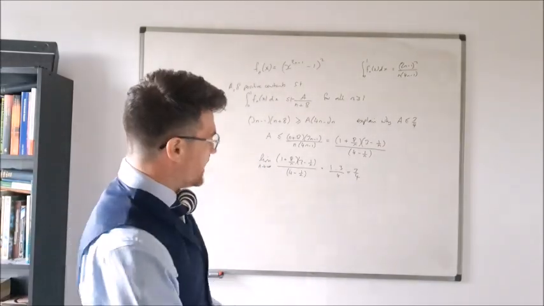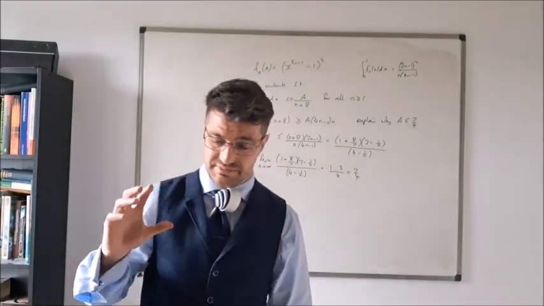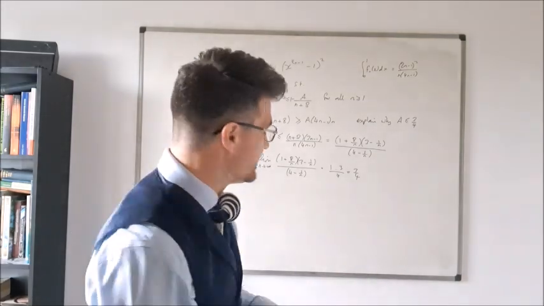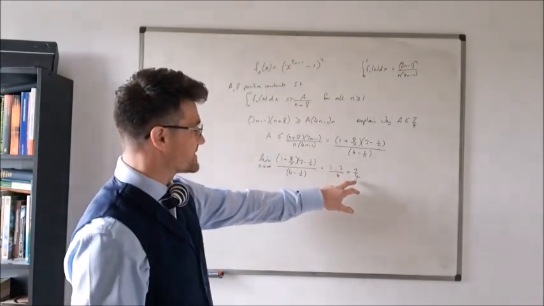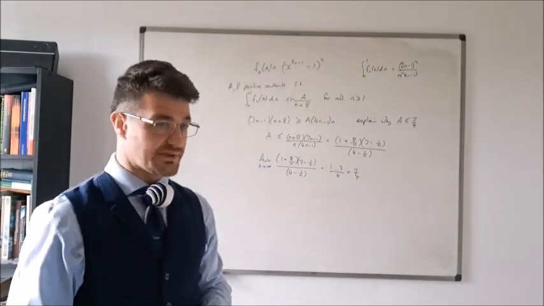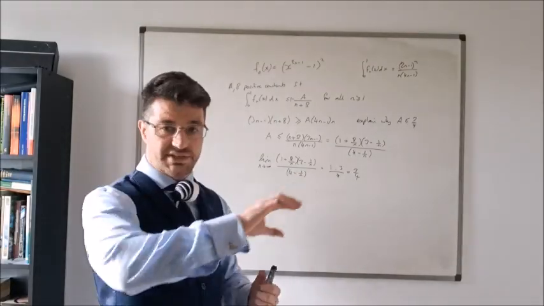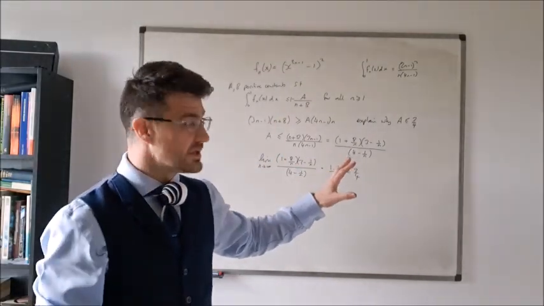But it is these considerations that you need to have in mind when it comes to justifying why taking this limit does mean that a has to be less than or equal to 3/4. Because what I've shown here is that the limit of this sequence is 3/4, and that's irrespective, by the way, of the value of b.